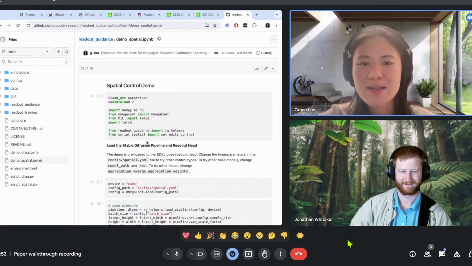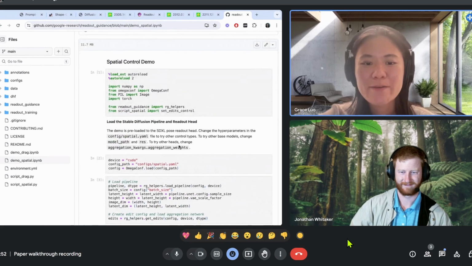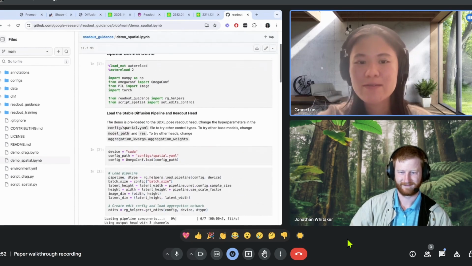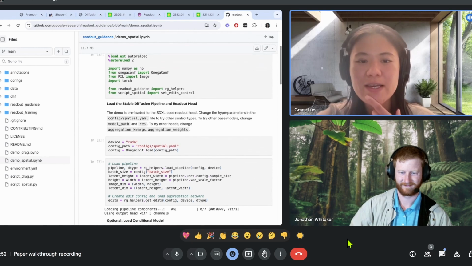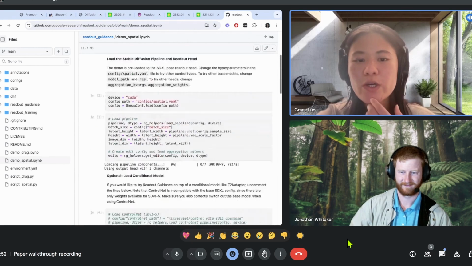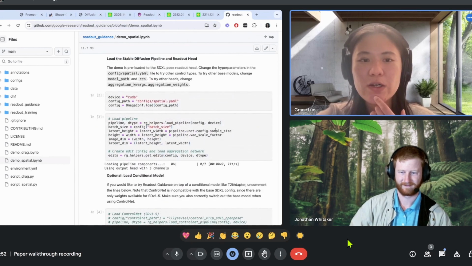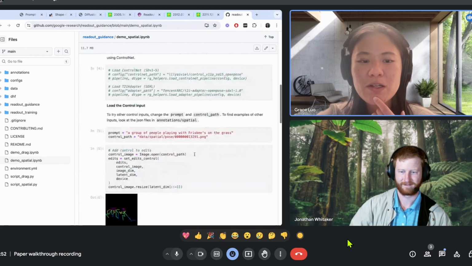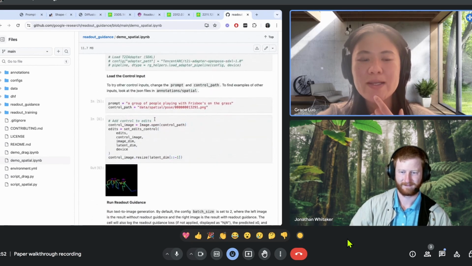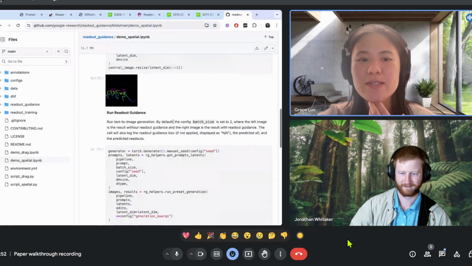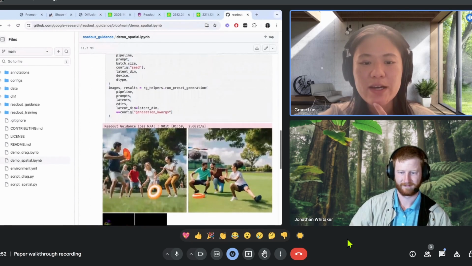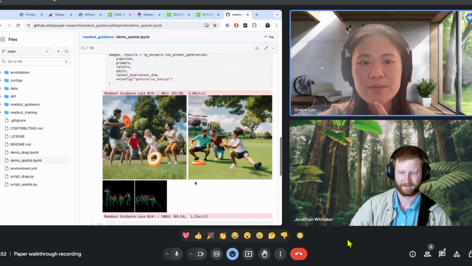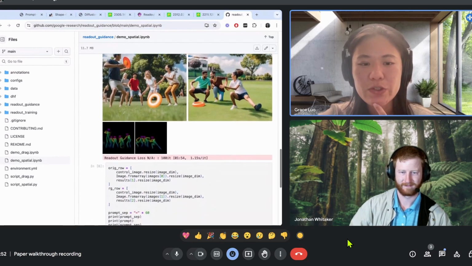It takes a bit of a long time to load because the images are preloaded or saved in this notebook. Essentially we have Jupyter notebooks that show you how to load a Stable Diffusion model, and then maybe you want some input control, so for this spatial control example, and then run generation according to this control.